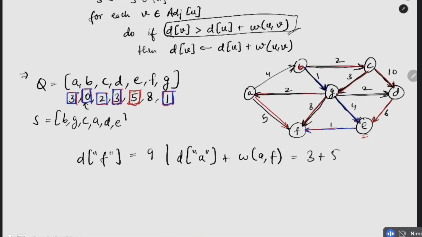Right. We look at E and the only adjacent vertex for E is F. Right.